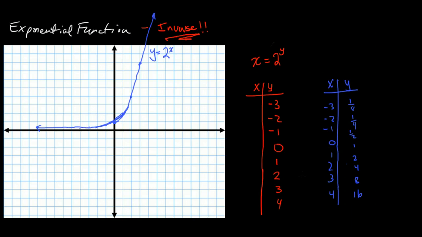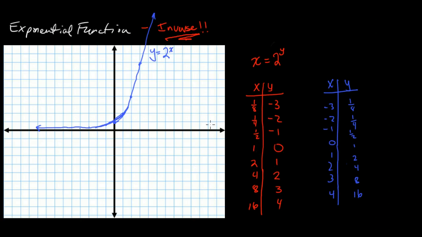Since we are inverting them, 2 to the -3 power is 1/8, and so on down the line. These values over here would now be our x values. So that would be 1, 2, 4, 8, and 16.